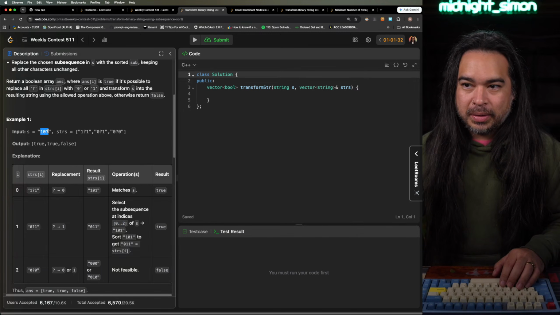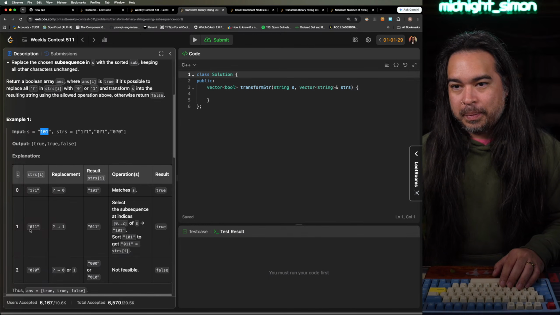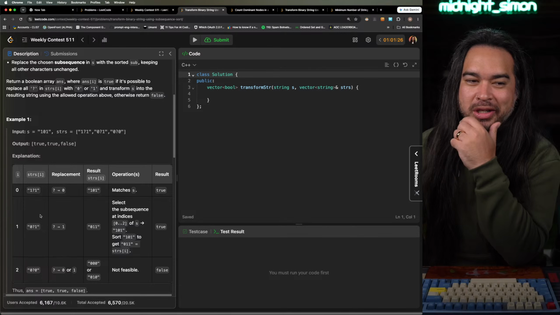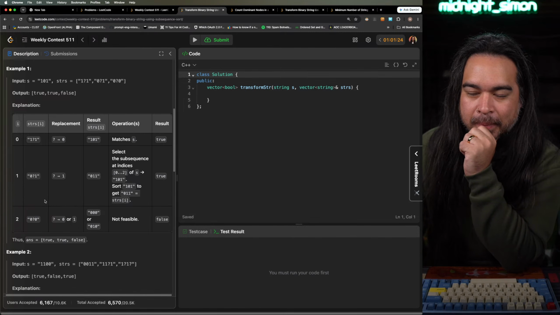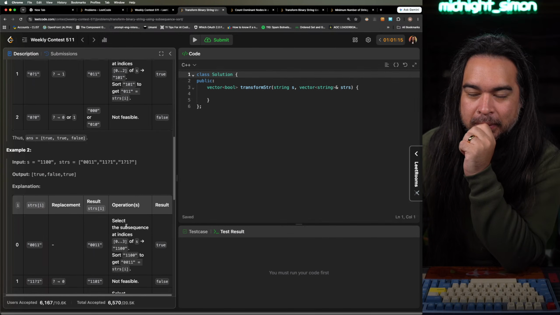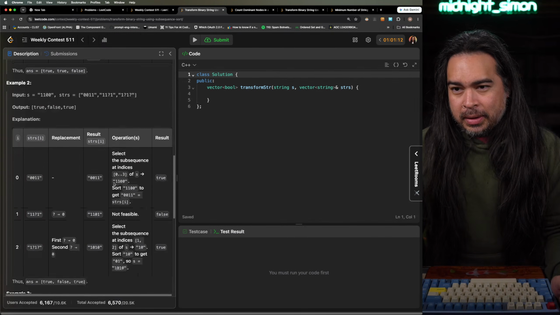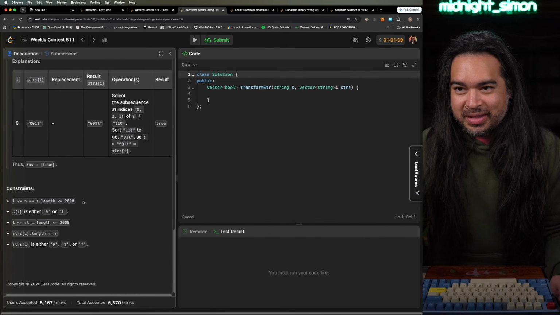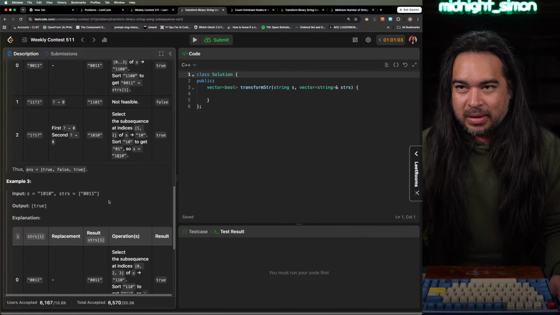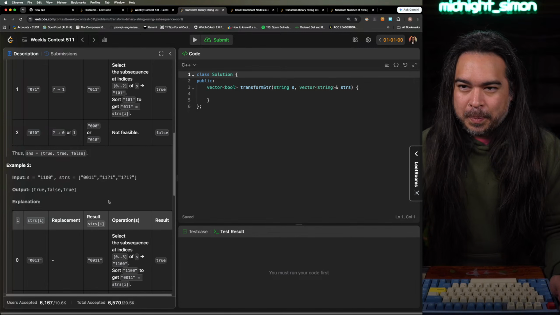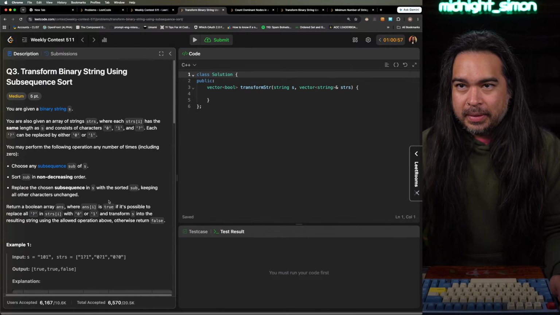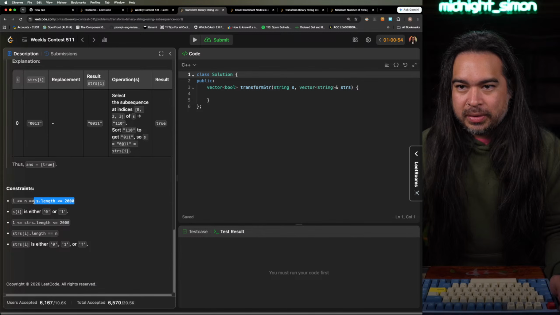Alright, this is my string. So you sort them. And this problem seems too hard. 0 question mark 0. Not feasible. I don't know if this one is the one for me. But n is only 2000, so maybe. n is what? The length of s, and the string's length is 2000.